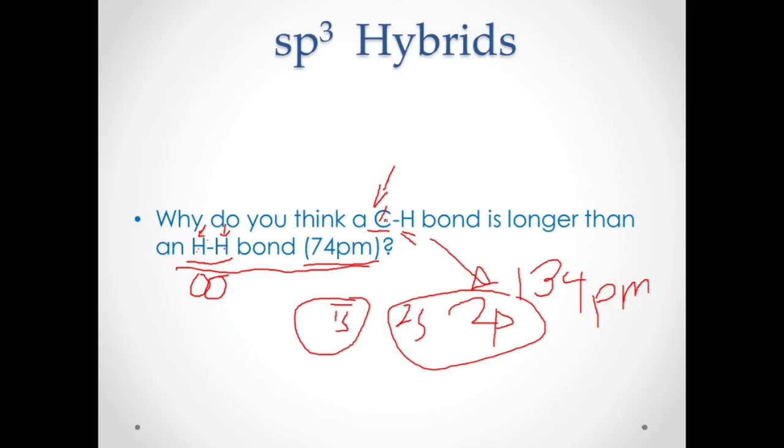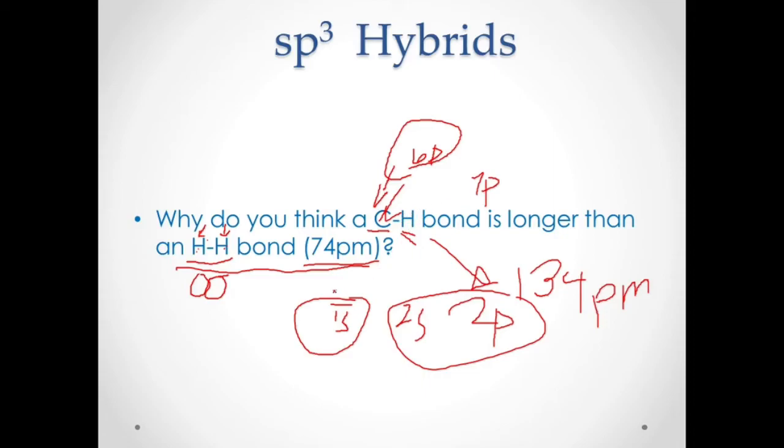In the nucleus of the carbon, there are actually 6 protons, and you only have 1 proton for your hydrogen. Since there are a lot of protons in the carbon, this will also repel the nucleus of your hydrogen.